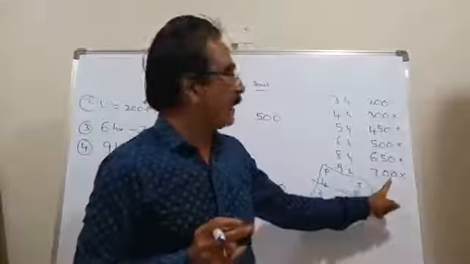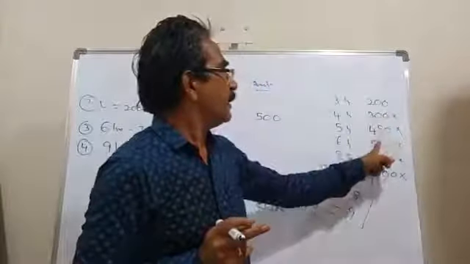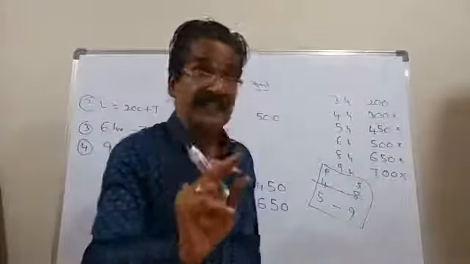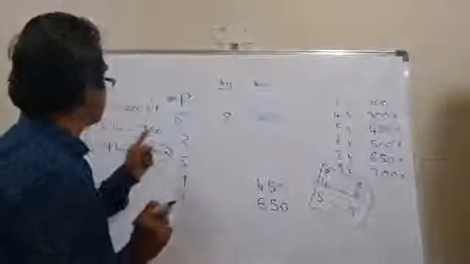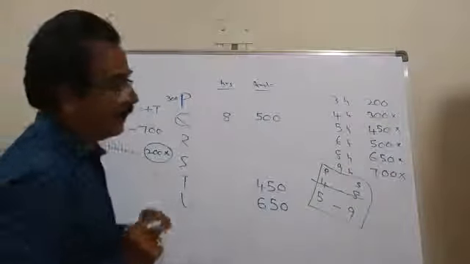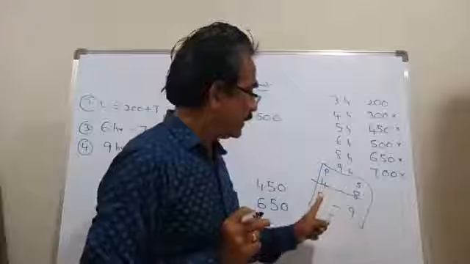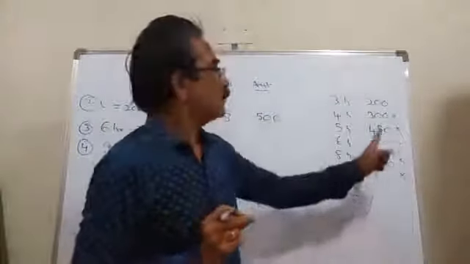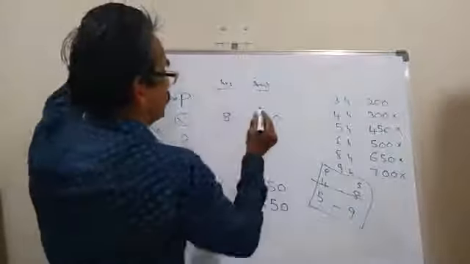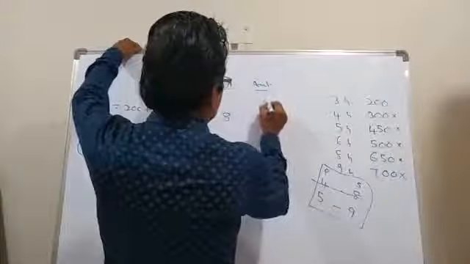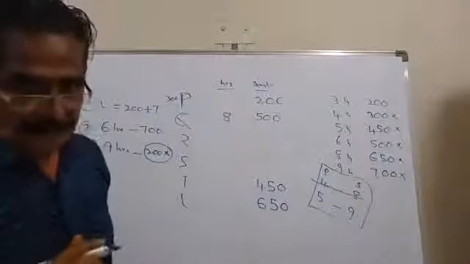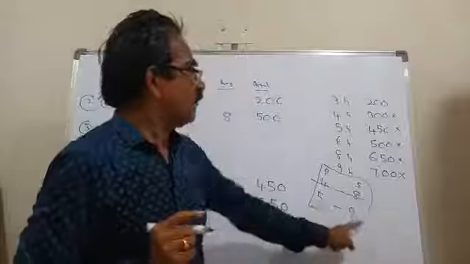P cannot earn 300 or 700, so the only option left for P is 200 rupees. P must earn 200 rupees.